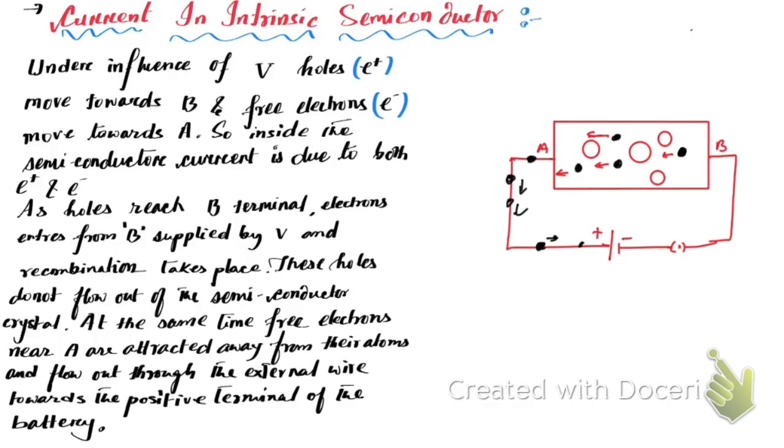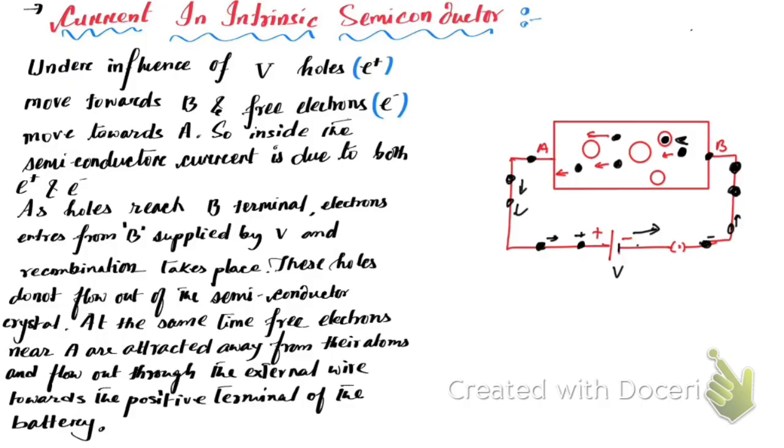And from the negative terminal of the battery, electrons will flow towards the end B, and those electrons coming from the negative terminal will recombine with these holes. That means electrons coming from B will be attracted by these holes and recombine.